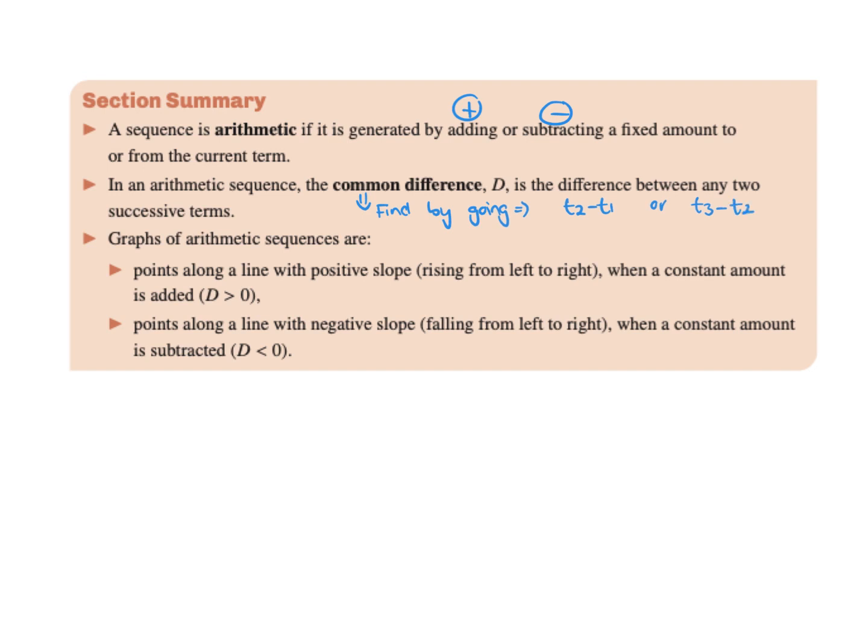Just put a little example so you know that. The graph of the sequence is points along a line with a positive slope when D equals a positive number. Let's just write it in words we understand: it means the graph will be a straight line going up. When D equals a negative number, that means you would be subtracting, and you're going to see a straight line going down. Okay?